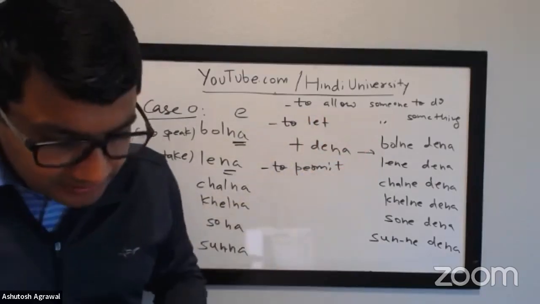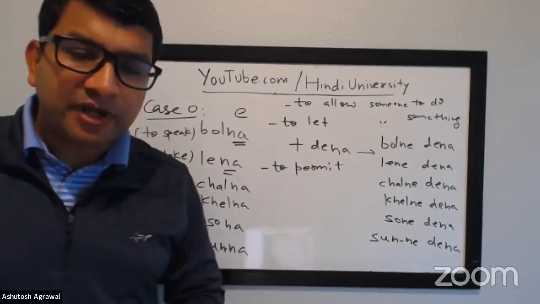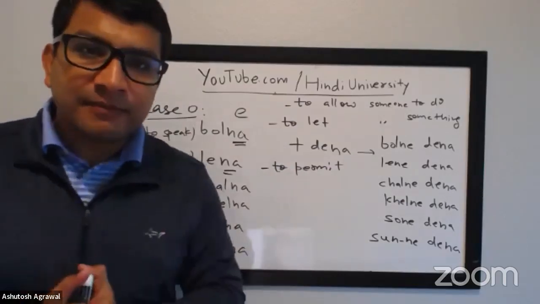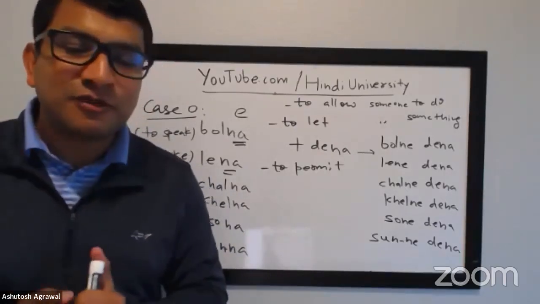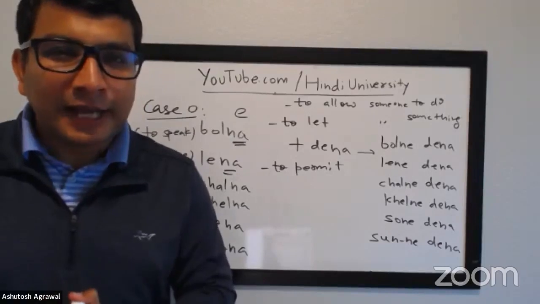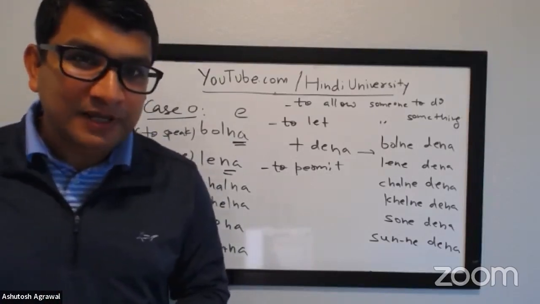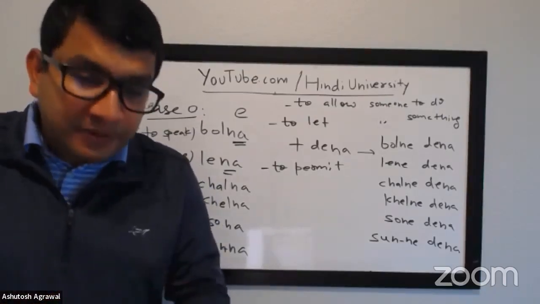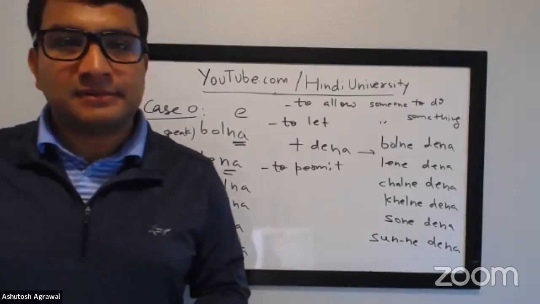I mean, there are some cases where there are no people. For example, if it's raining and you say, Ashish, get all the clothes out from the outside, I can say hone do. It's hona plus dena. Let the clothes get wet. Hone do. So there are no people per se, but it's basically let it happen.